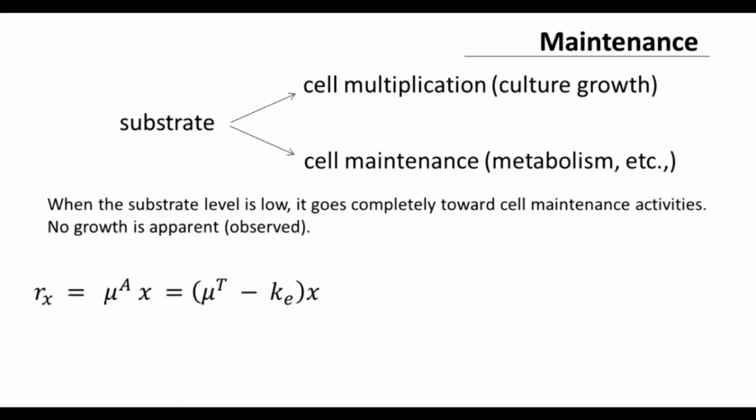A way of representing this in terms of rates is: the rate of growth equals an apparent, or observed, specific growth rate times the cell concentration x.